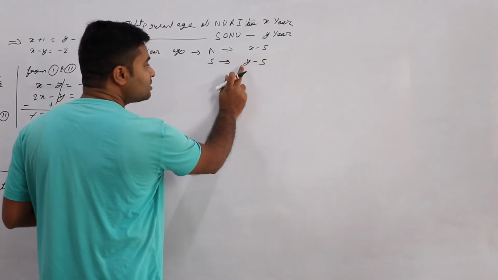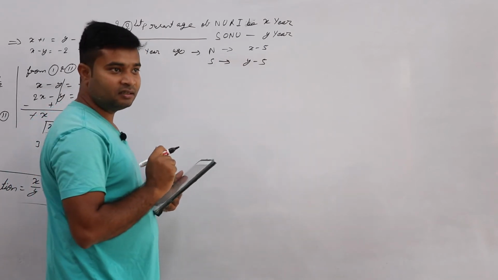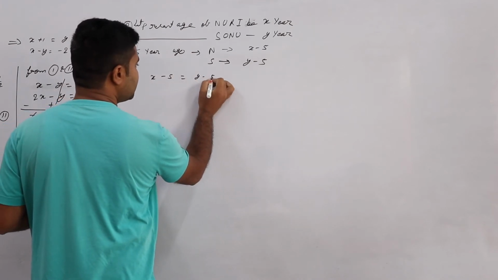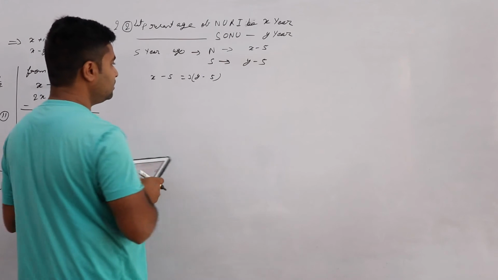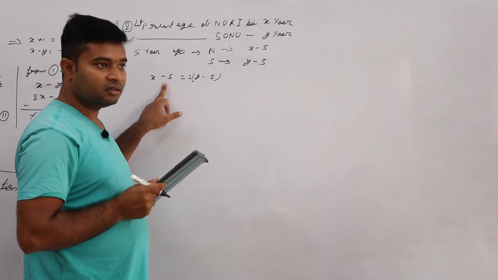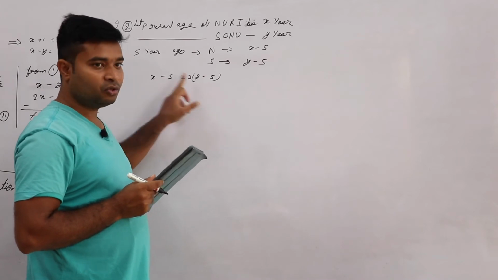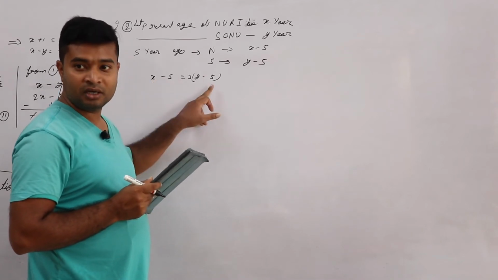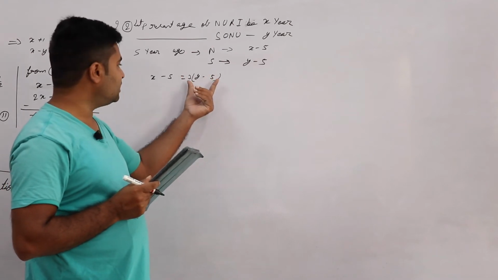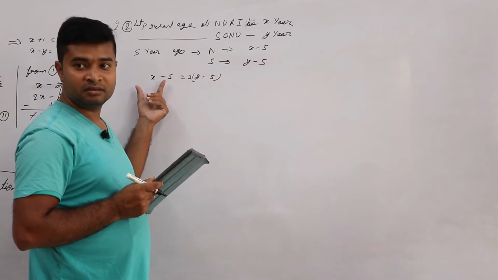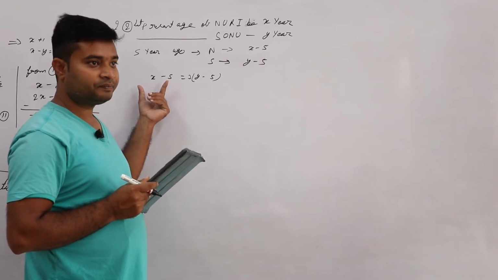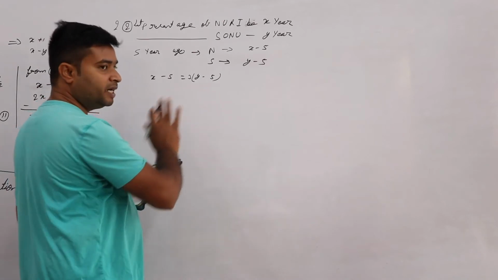So x minus 5 is equal to y minus 5 into 3. Yes or no? This is the Noori age, this is the Sonu age. Noori was thrice old, so here we have multiplied. Means if he is 3, he is 12 or 9, right? So here we get one equation.